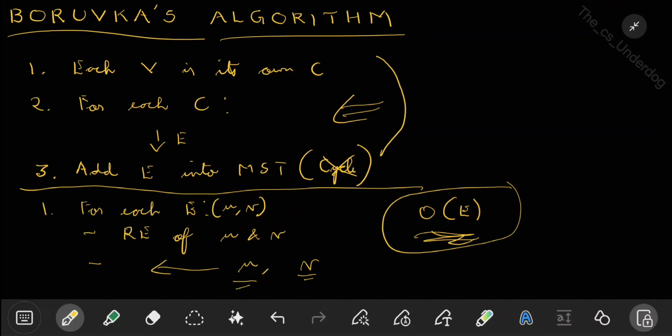Next question is, how many phases will you have? If you think logically, in each of your phases, your number of components will decrease by at least half. How is it? Let us say initially all your components are vertices. Each vertex will have at least one outgoing edge, which means each edge will be connecting two components.